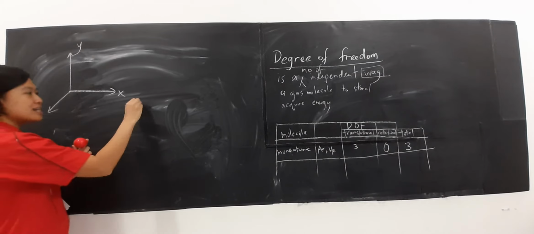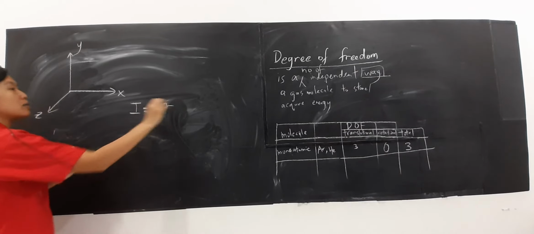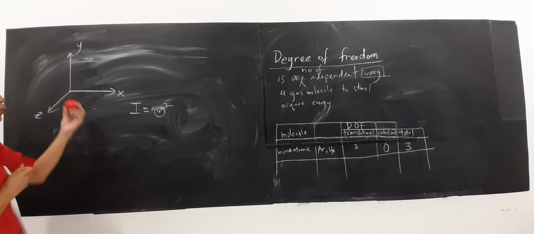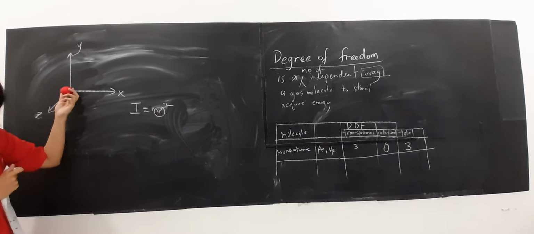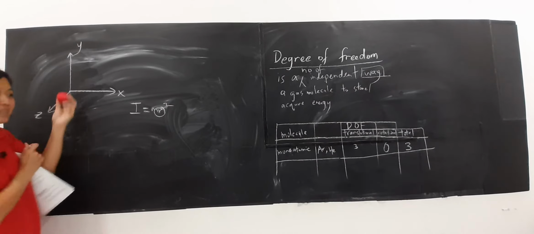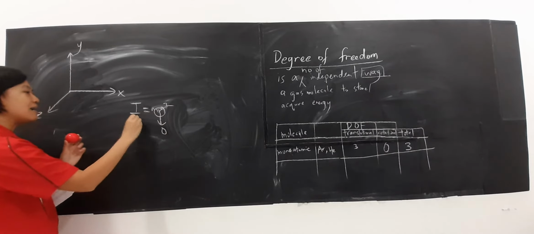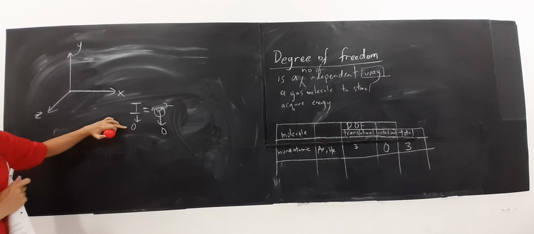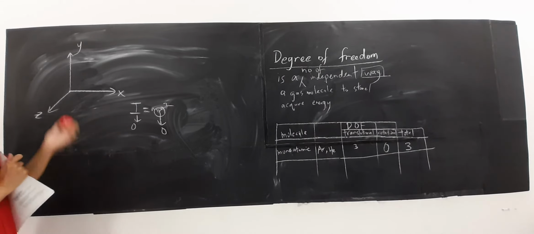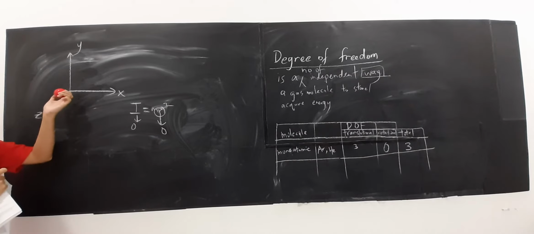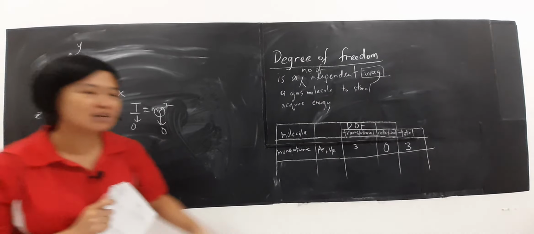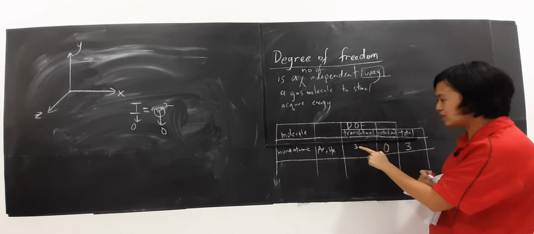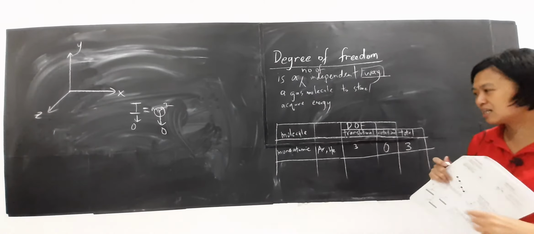So kalau saya cari moment of inertia dia, guna equation I sama mr square, R means distance measured from rotation axis. R dia untuk ini kosong. Jadi kalau R kosong, I kosong, means no rotational kinetic energy for monoatomic molecule. Sebab itu degree of freedom rotational motion dia kosong. 3 tambah kosong, you dapat 3 kat sini.